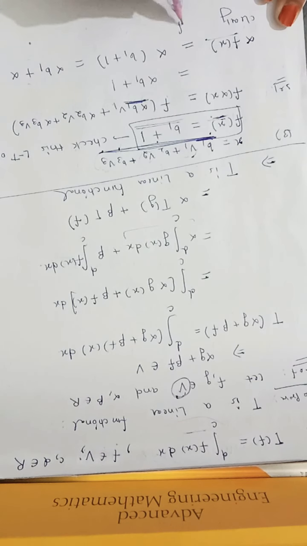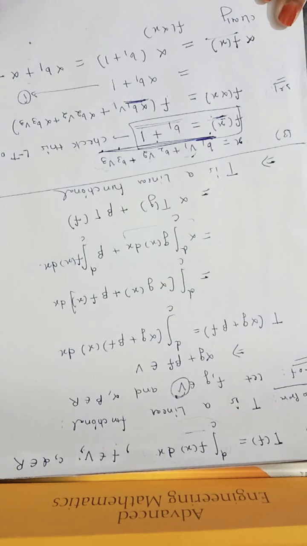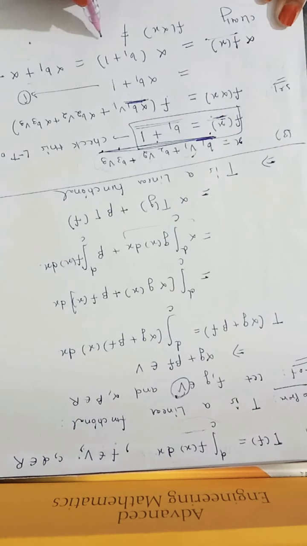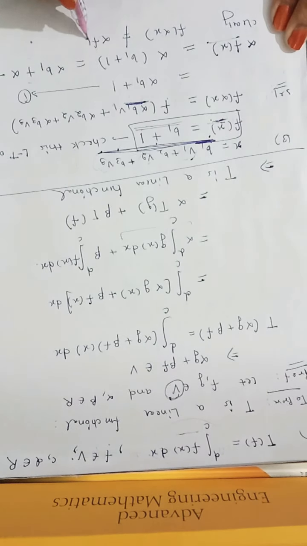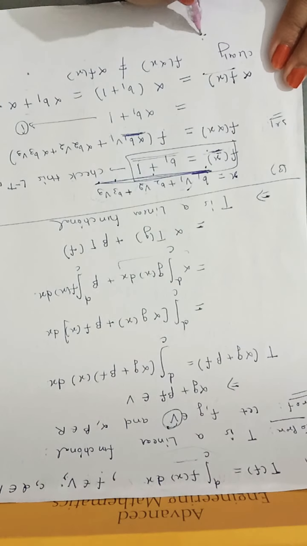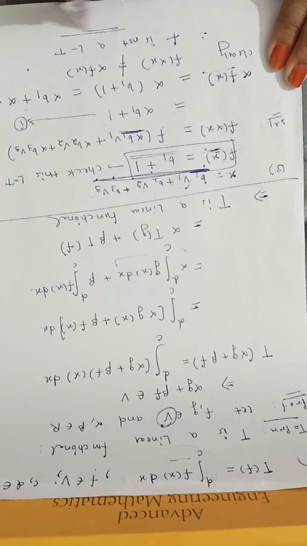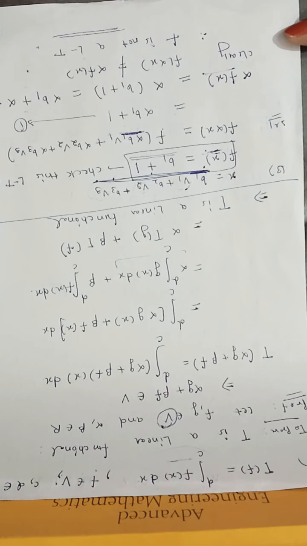Clearly, from 1 and 2, f of alpha x is not equal to alpha of f(x). This violates the homogeneous property. Therefore, this type of mapping f is not a linear transformation. Students, practice the other exercises also. If any doubt, you can contact me anytime. Thank you.